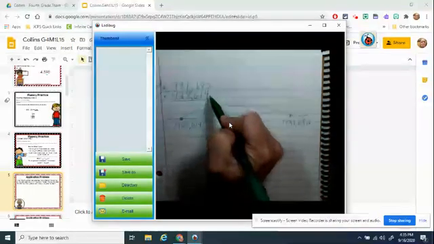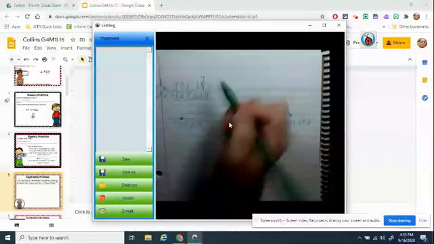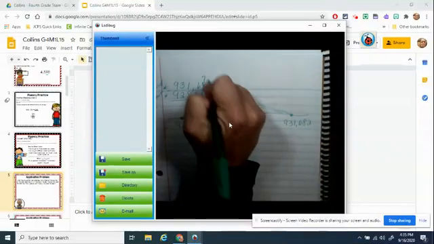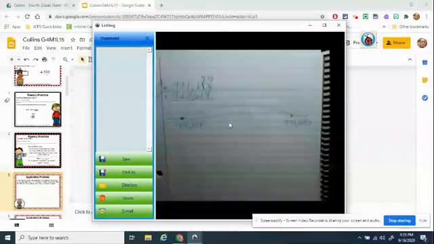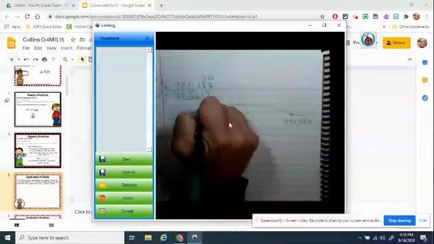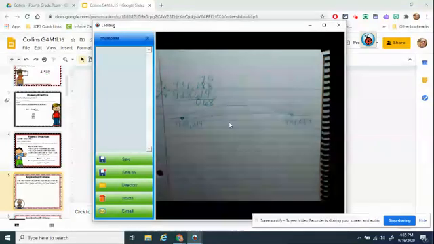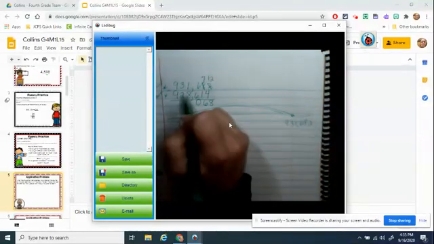2 minus 4. That 4 is bigger than the 2. I can't do that. I'm going to cross out my 8, make that a 7. This is now 12. 12 minus 4 is 8. 7 minus 1 is 6. 6 minus 6 is 0. 1 minus 8. Oh no, I can't do that. 8 is bigger than 1.